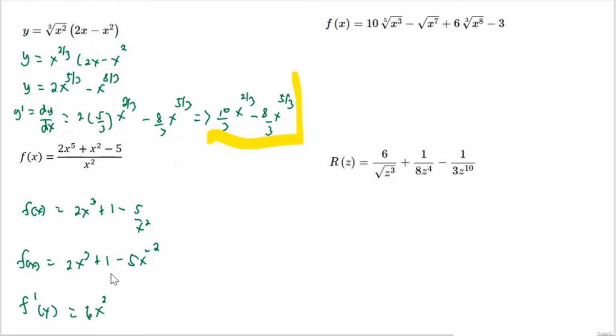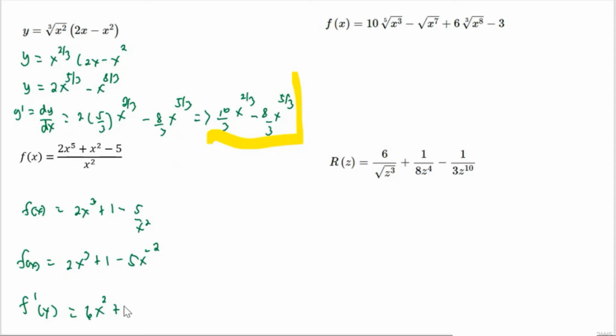And the derivative of 1, which is a constant, therefore the derivative of a constant is 0. So plus 0, but I will not write anymore. Minus negative 5 times negative 2 is positive 10. So I write there positive instead of minus sign because of the negative 5 and the negative 2.